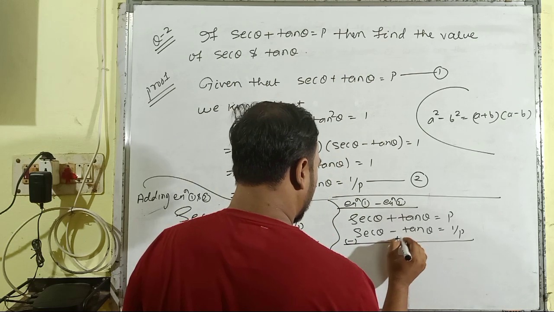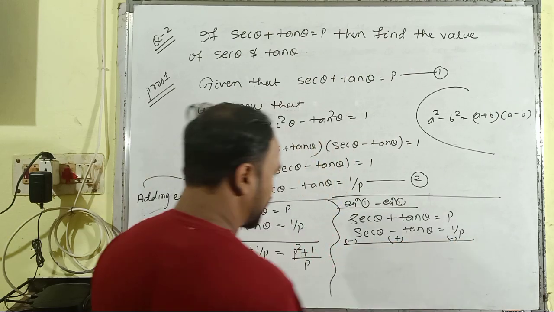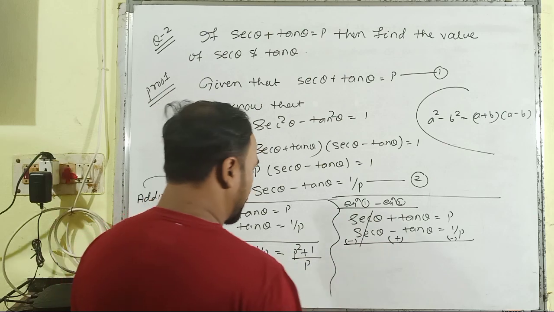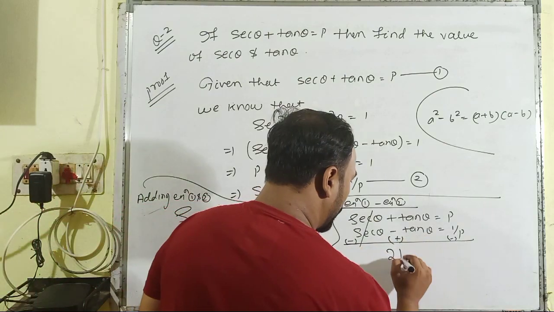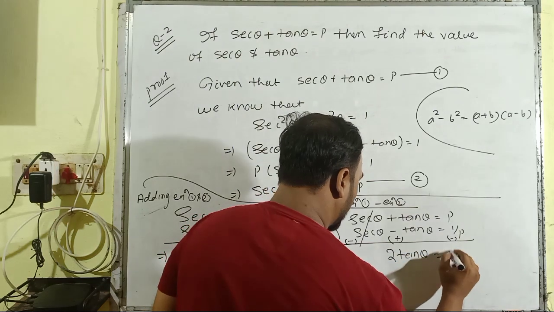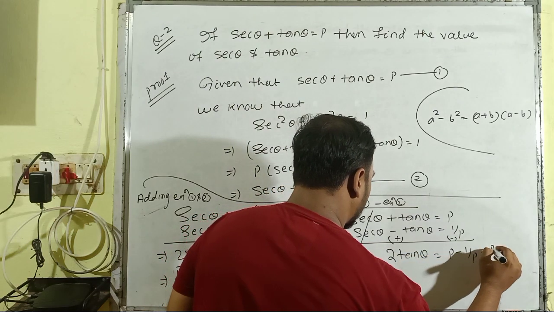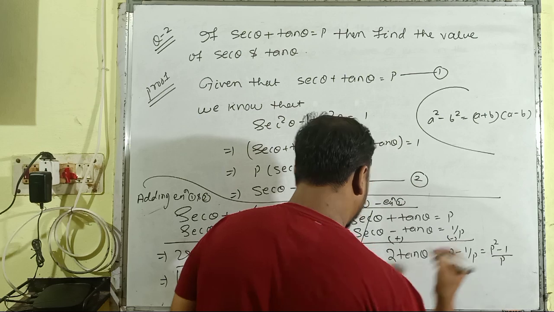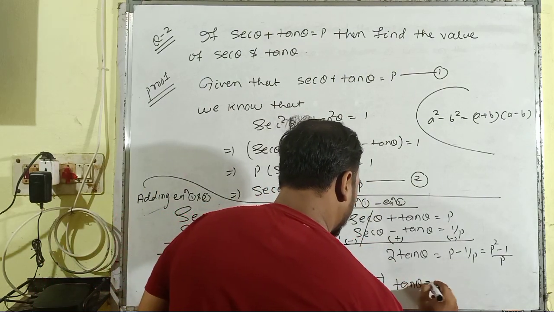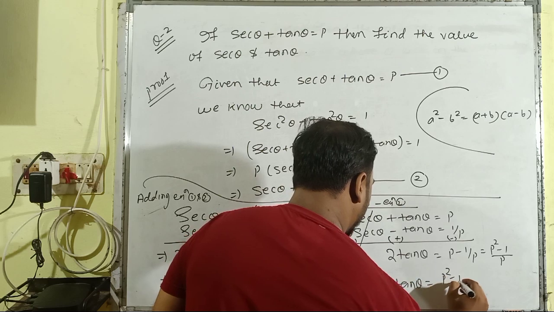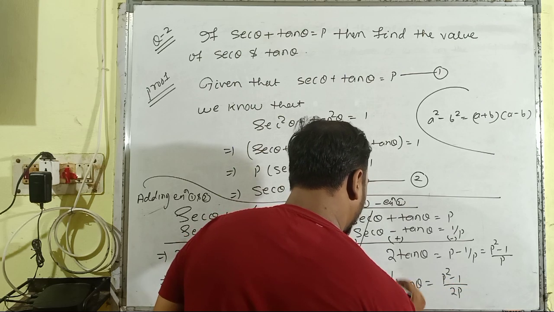Then subtracting, the signs will be changed in the second row. Then sec theta gets cancelled, so it will be 2 tan theta is equal to p minus 1 by p, that means p square minus 1 divided by p. And here tan theta is equal to p square minus 1 divided by 2p.